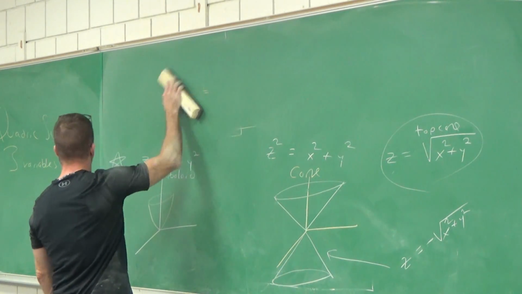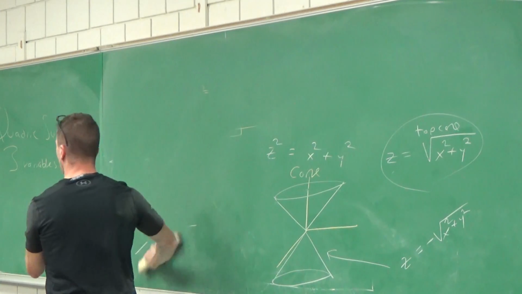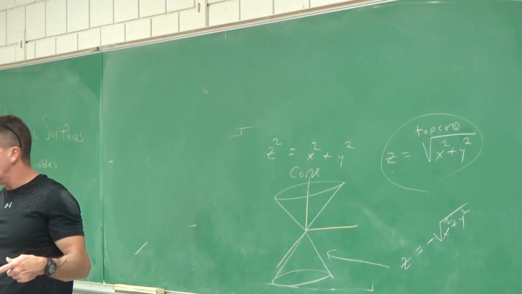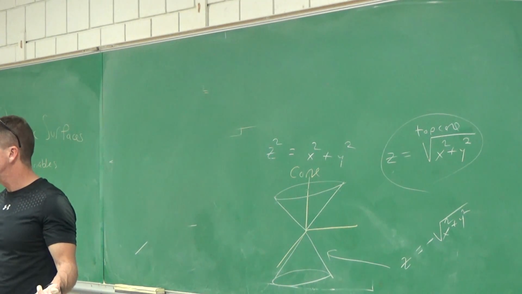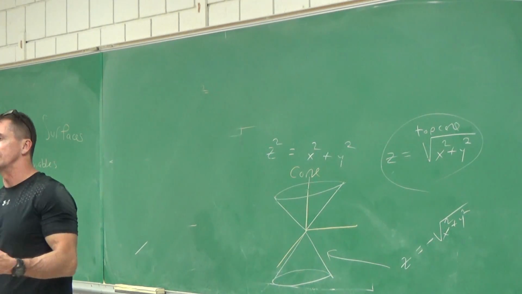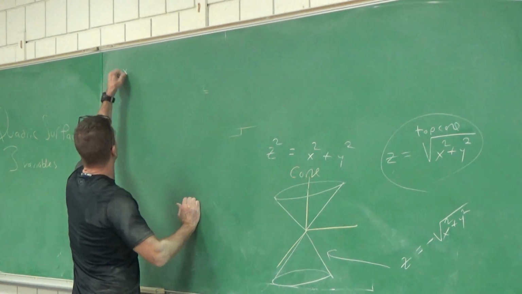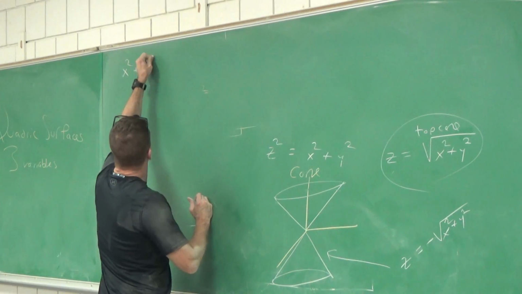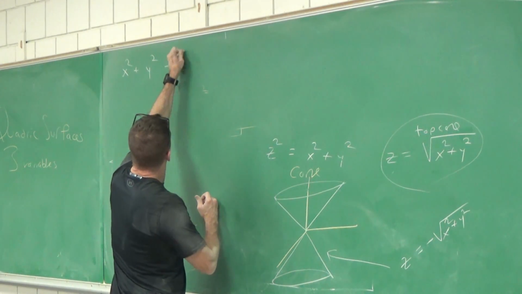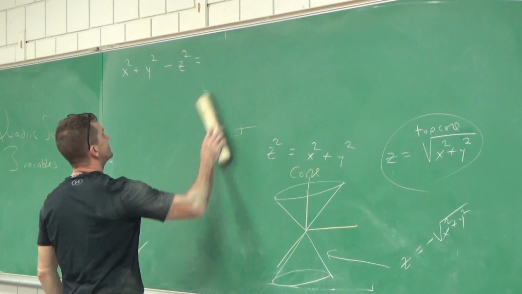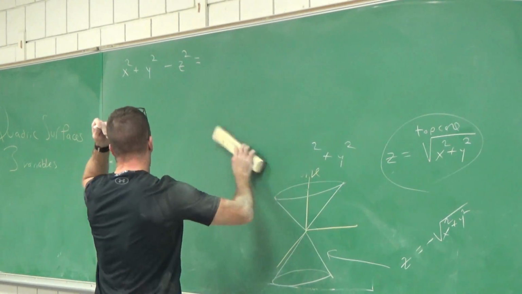Quadratic surfaces. What have we seen so far? The almighty ellipsoid, cone, and paraboloids, right? Oh, we did the ellipsoid.